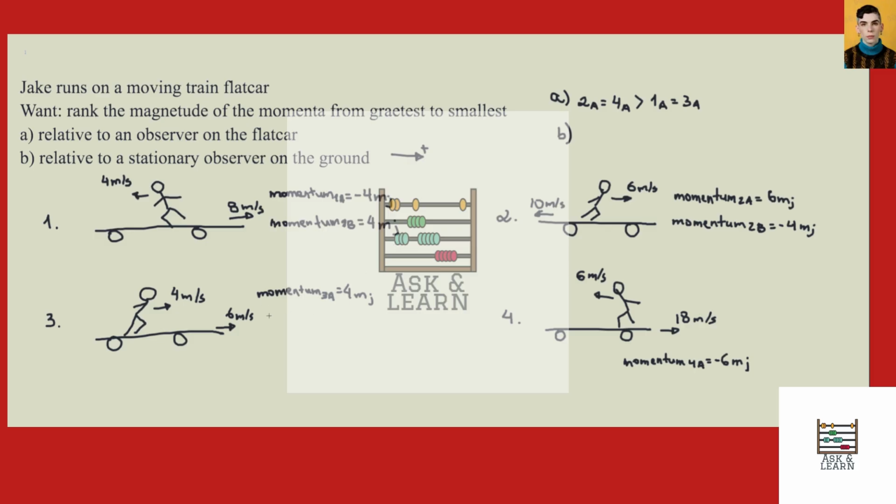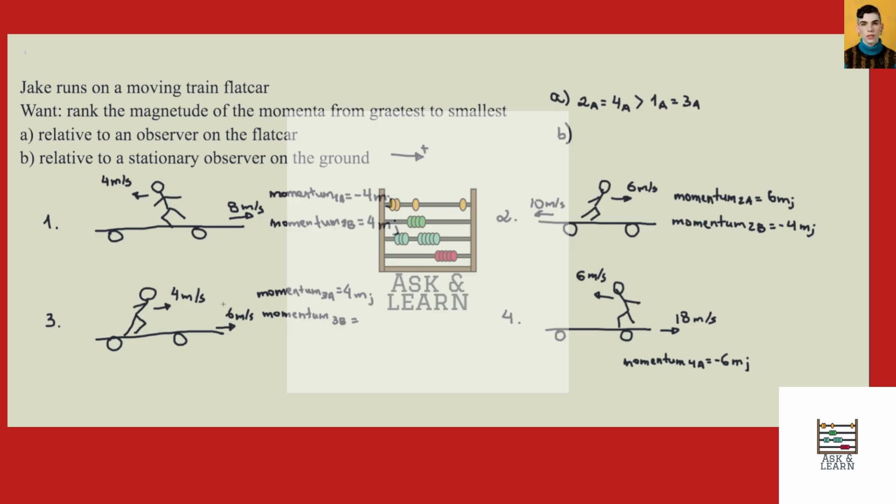Then on part 3, the momentum 3B is going to be equal to, so in this case, we have Jake moving towards the right, which is the positive side, at 4 meters per second, and the cart is also on the positive side at 6 meters per second.